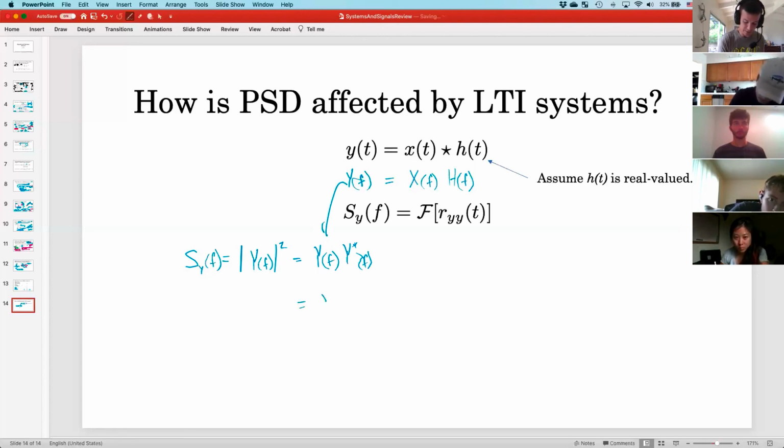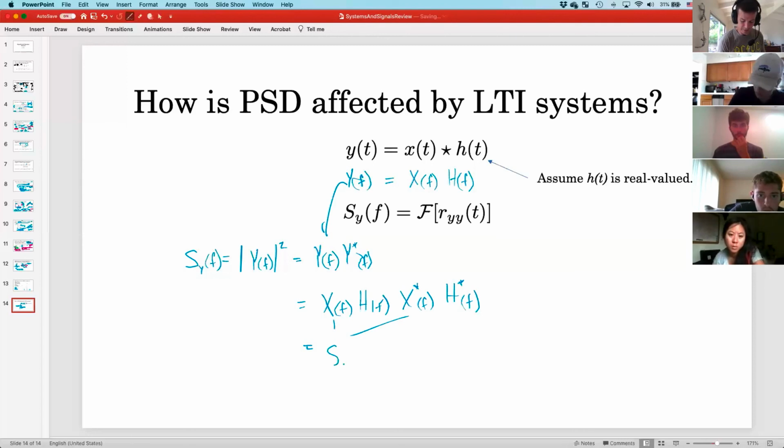So we get X of f, H of f times X conjugate, H conjugate. Then these two give me the power spectrum of the input. And then the H's, if we assume h of t is real valued, then we get this conjugate symmetry. We get H of f magnitude squared.